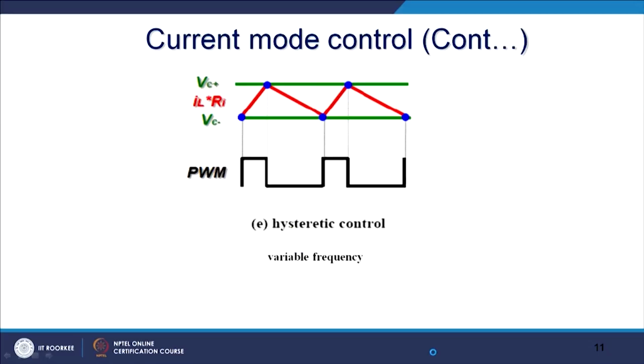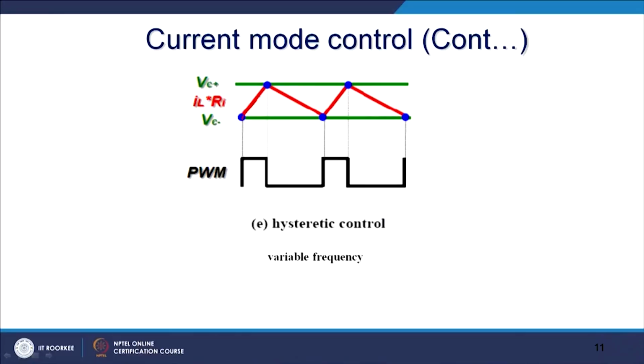Now, we can have a hysteresis control, which is a simple control, and that is very frequently used for our FACTS devices applications. Generally, to avoid chattering, we generate a band of plus minus, and the current is required to oscillate between this band.